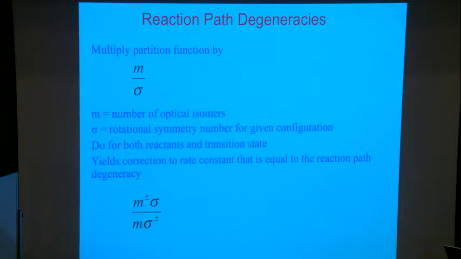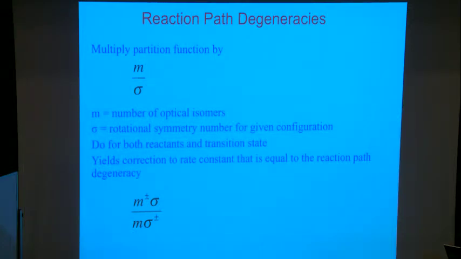I like to call sigma over m the effective symmetry number. But anyway, you just take these 2 things, write them that way, and then you have m over sigma for the reactant. You modify your partition function with this factor. So the reactant partition function goes on the denominator. So this goes on the denominator for the reactant, and for the transition state, it goes on the numerator. So let's work this through for this H plus methyl example I was talking about.